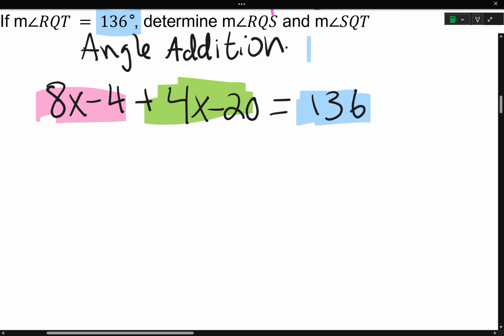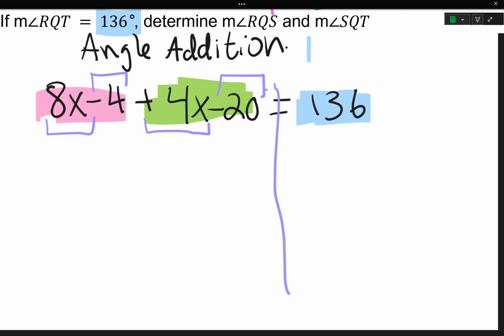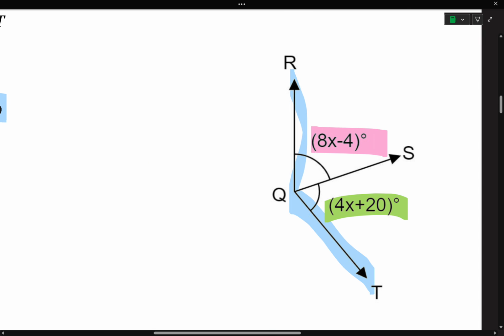The first thing I notice here is that we have several like terms on the left side. Let's combine them. I notice that we have x's, 8x and plus 4x. I also notice regular numbers, negative 4 and minus 20. Whoops, it's plus 20, right? Cool.